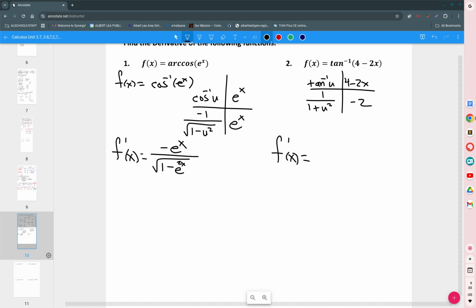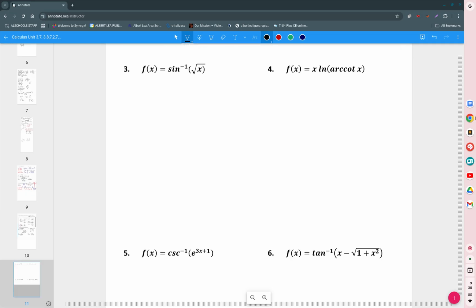As I multiply them, I'll get a negative 2 in the top, and in the bottom, I get 1 plus 4 minus 2x, that quantity squared. Easy peasy. Flip it over.